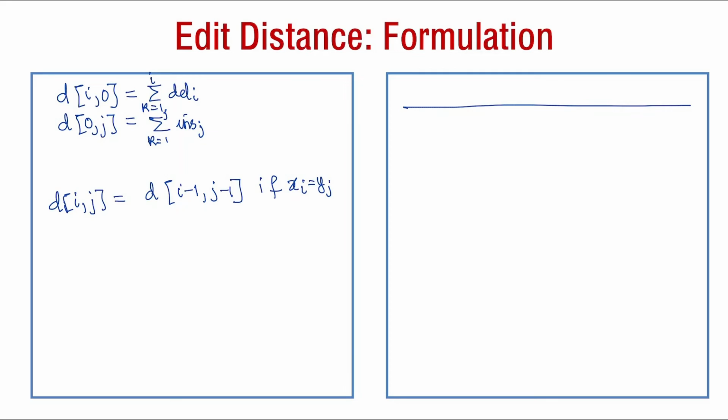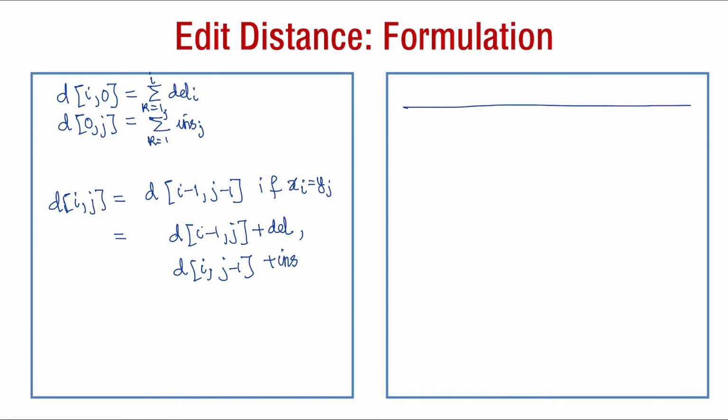That means if the characters match, it is the match, then obviously cost is 0, and since cost is 0, we need to find only the remaining part of the string. Otherwise, we will have to either do di minus 1 j plus the cost of deletion, or di j minus 1 plus the cost of insertion.